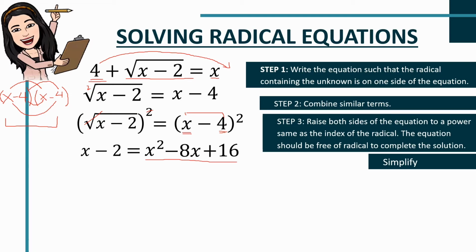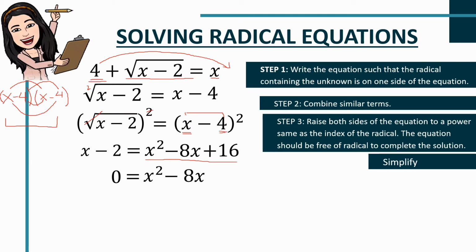Now, let us combine like terms. So, this will become, okay, since ito ay involves, meron tayong x squared, meron tayong quadratic term, meron tayong linear term and constant. So, this is an example of quadratic equations. Tama ba? So, equal natin lahat into 0. So, dito na lang sa left, sa right side para hindi na tayo magne-negative. So, 0 is equal to, we need to copy x squared. So, siya lang naman dyan ang quadratic term. So, we will now proceed to the linear term.